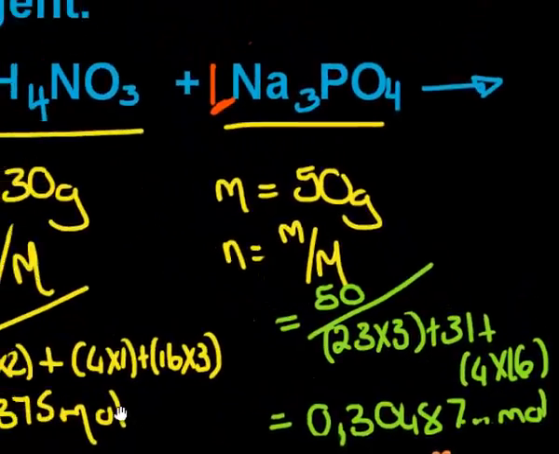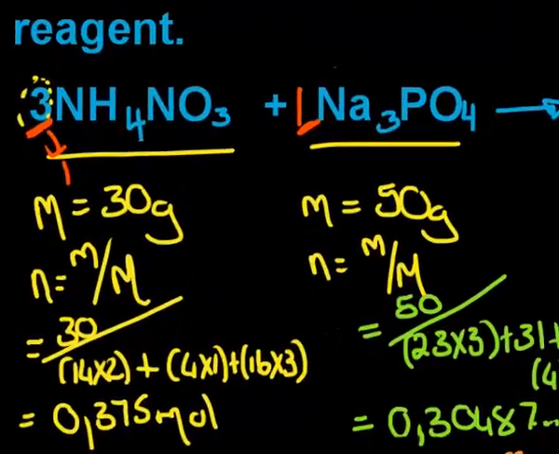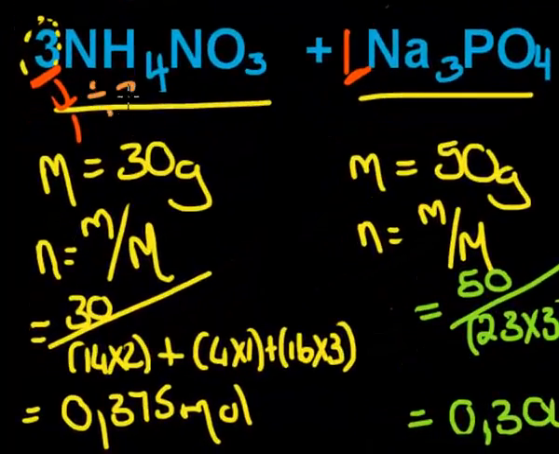Now by just looking at these two, it seems like the sodium phosphate has the smallest mole value, but remember they're not on the same mole ratio. So, as we said previously, we're going to take our 0.375 and divide it by 3 to get a new value to compare them as a 1-to-1 ratio.